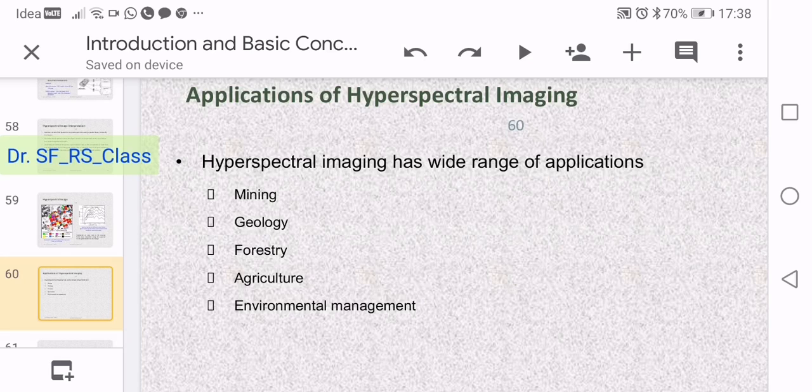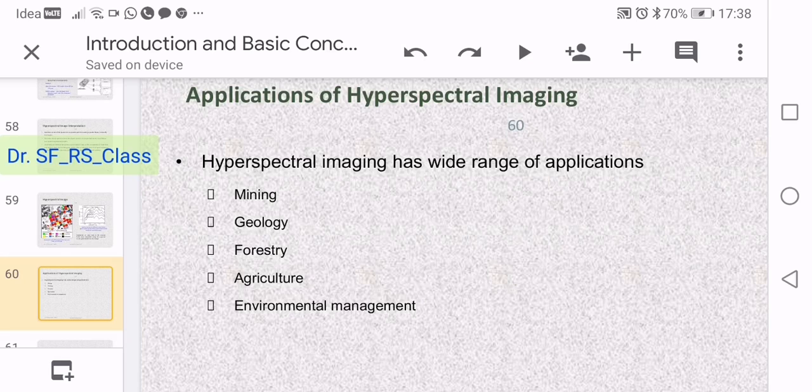In forestry, different types of trees can be identified, along with species identification, forest degradation and species biomass calculation. In agriculture, we just saw an image differentiating crops; mapping of different stages of vegetation and forecasting of produce can also be done with the help of hyperspectral imaging.